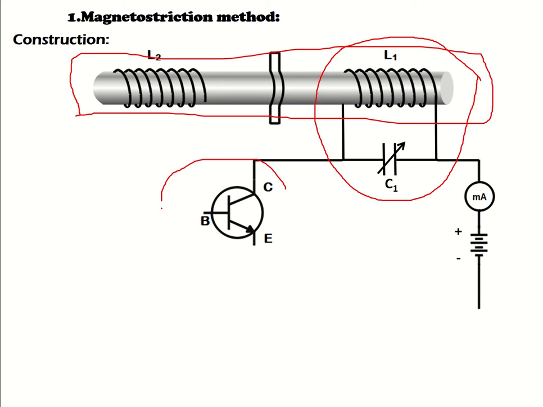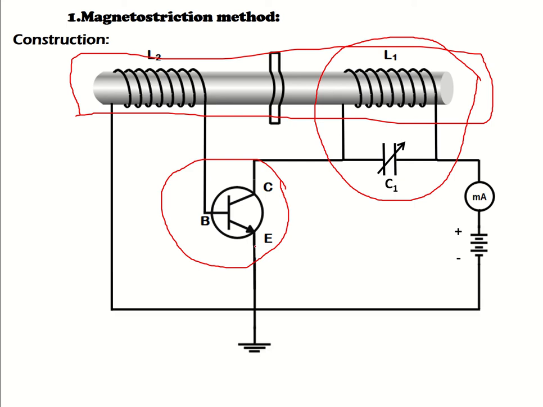So this transistor will act as an amplifier. The base terminal of this NPN transistor amplifier is connected to one end of the L2 coil, and the other end of the L2 coil is connected to the emitter junction of the amplifier, the negative terminal of the battery, as well as ground. So this is the construction of the magnetostriction method, the circuit diagram for the magnetostriction device.